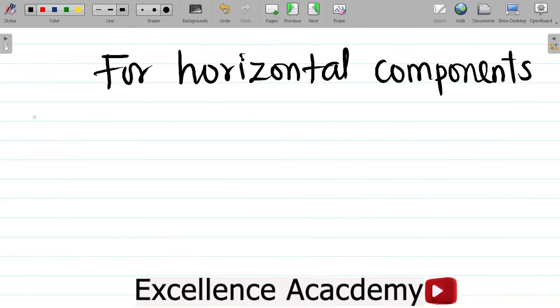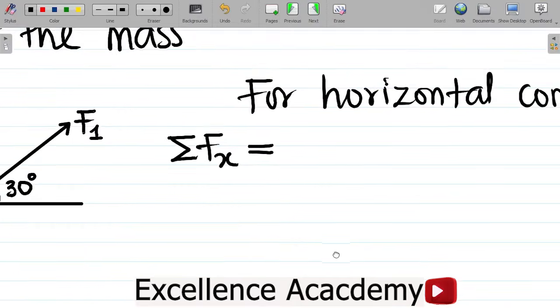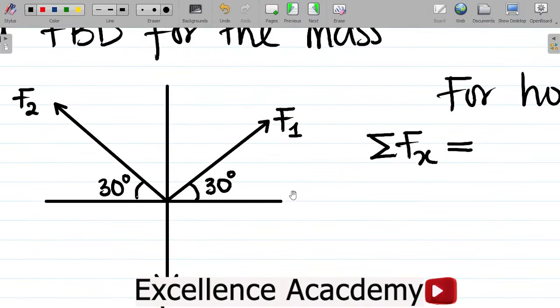The sum of Fx, the horizontal components, is equal to, first, F1. Resolve F1 horizontally, moving it onto the x-axis.